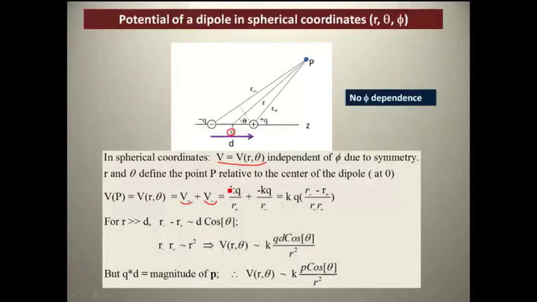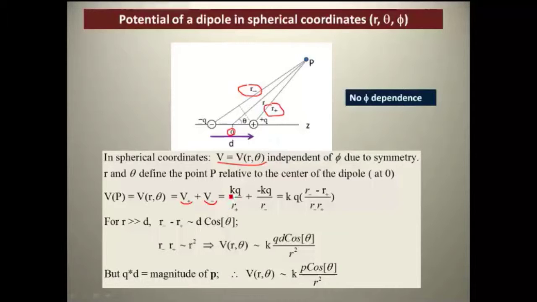From our Coulomb treatment of charge, we know that the potential due to the q is equal to this quantity, and due to the minus q is equal to this quantity, where the distances from the charges to the point P are r plus and r minus. And so that's these distances right here. Now they're approximately equal to r, but they're slightly different.